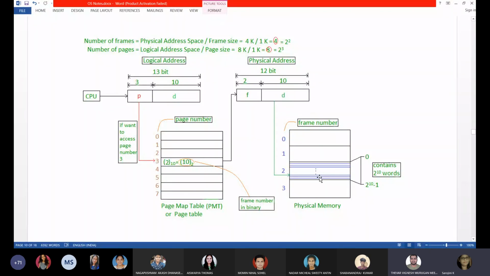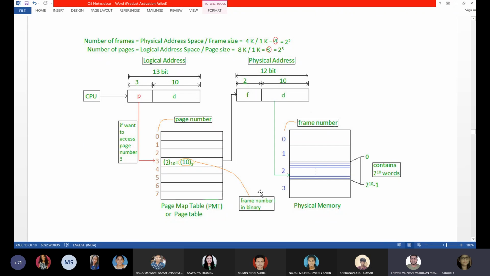There are so many contents, so many bytes. So which byte exactly? To find that we use displacement or offset. Okay. So like this, the address conversion will happen.